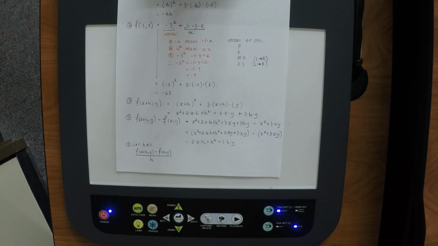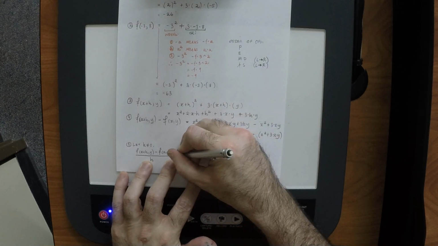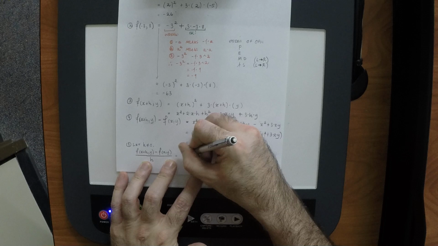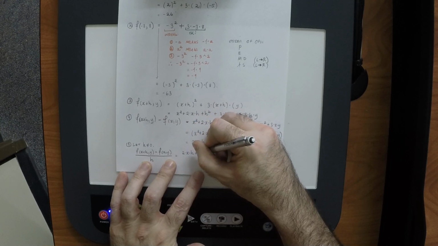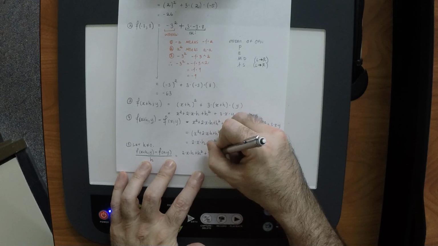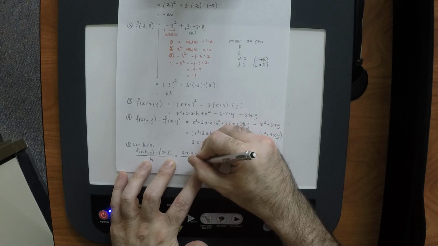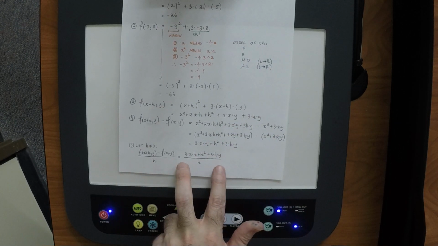I'd like for you to take that expression and simplify it. So the question is, what could we do to simplify this?